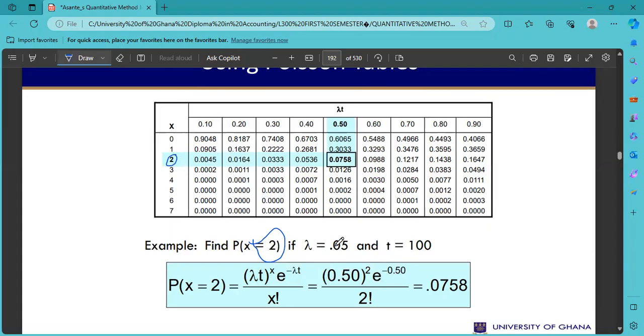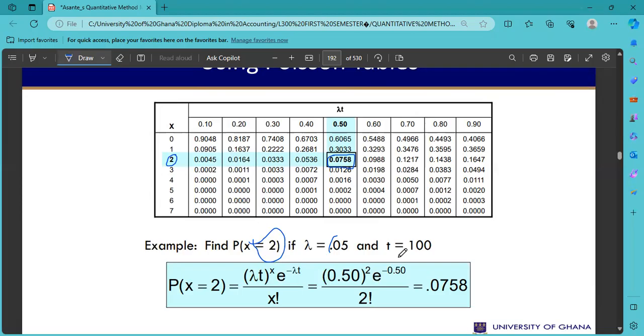And then the lambda t is 0.5, so we locate 0.5 here. That's what they've also done here. So this will be the probability of it happening. Once we solve everything, this is what you're going to get. If x is 2 and lambda t is 0.5, this is the probability.